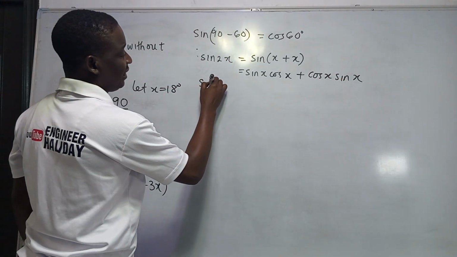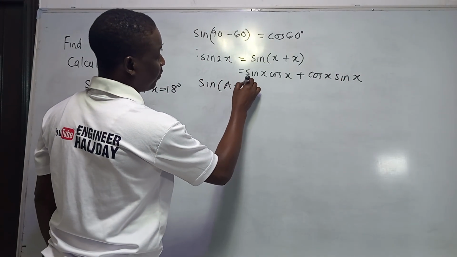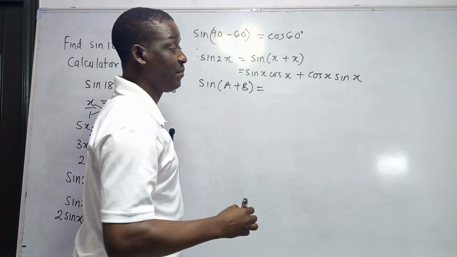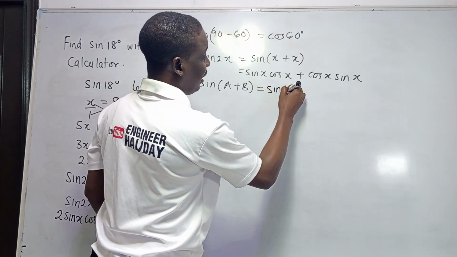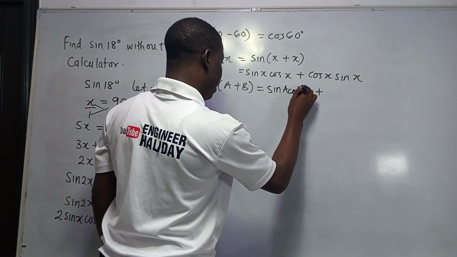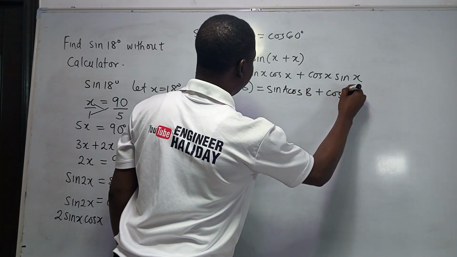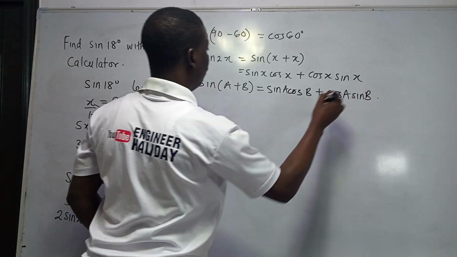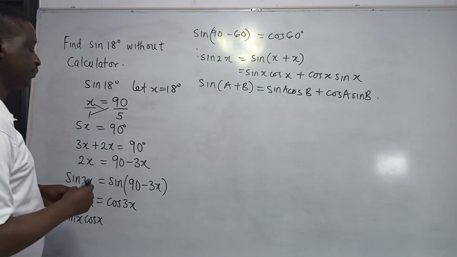Recall that sine of A plus B is the same as sine A cos B plus cos A sine B. This is what we use to break that one down.